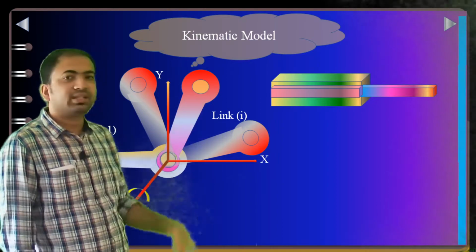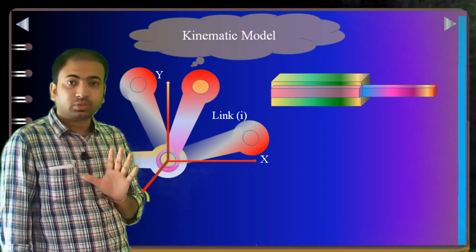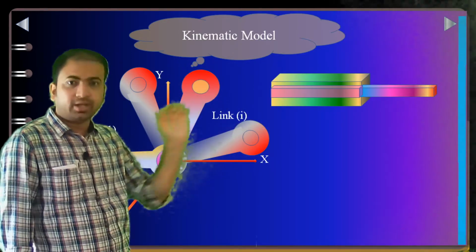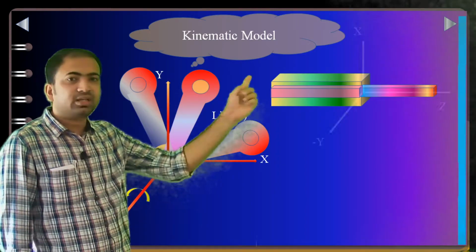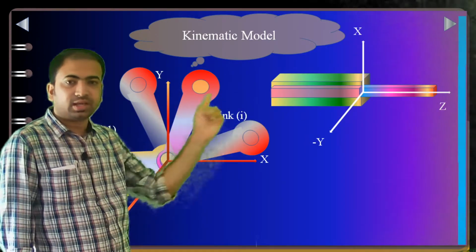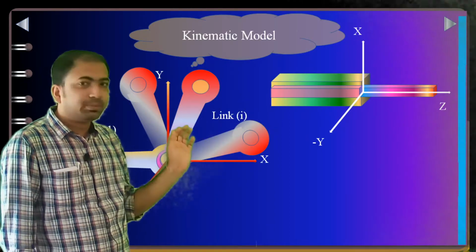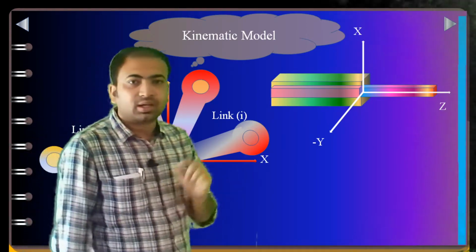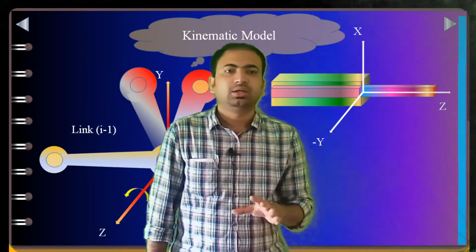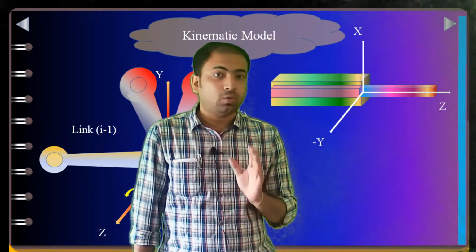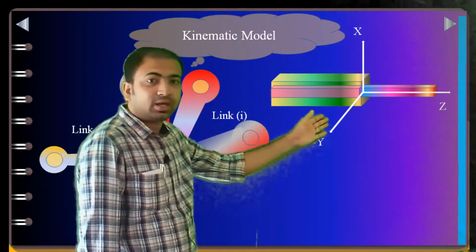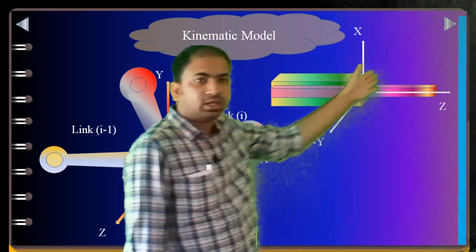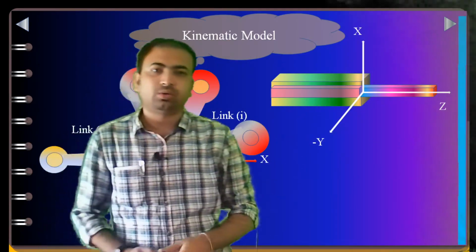In case of translation also, the joint used in robotics is a prismatic joint, and the direction of translation will always be along the z axis. Similarly, based on the right hand rule, we have to assign axis x as well as axis y. In this case, you see axis y should go in the opposite direction, that is why we have named it here minus y.